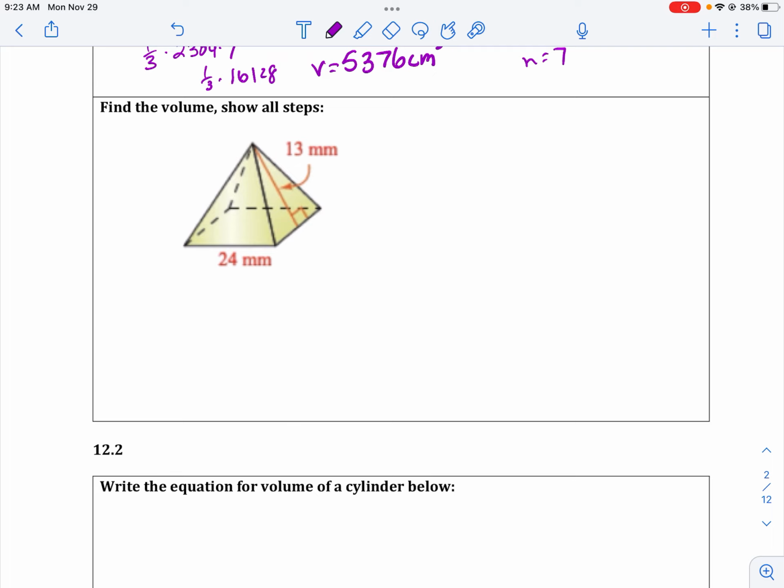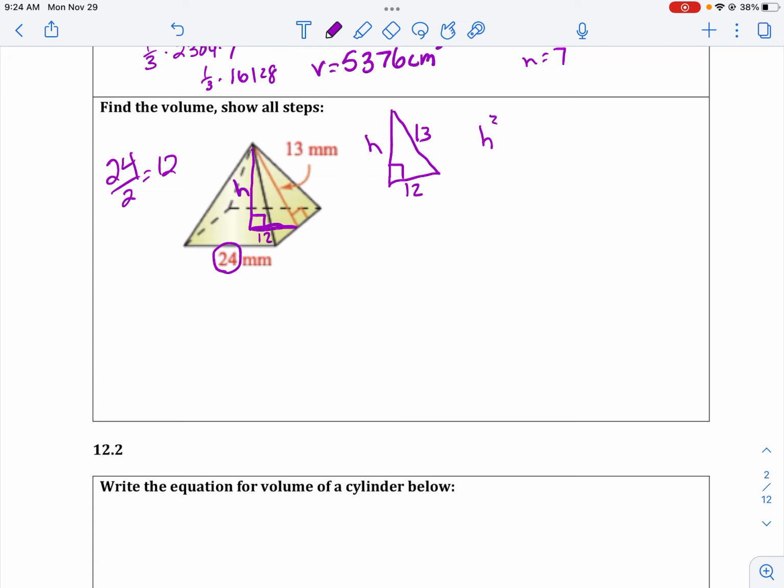So last one, again, we are given the slant height, so we need to make a triangle, a right triangle, to find the actual height, h. And the other leg length is half the side length. Well, the side length is 24. 24 divided by 2 is 12, which gives us the other leg length of the right triangle. So if I were to redraw this right triangle, this would be h, this would be 12, and the slant height would be 13.